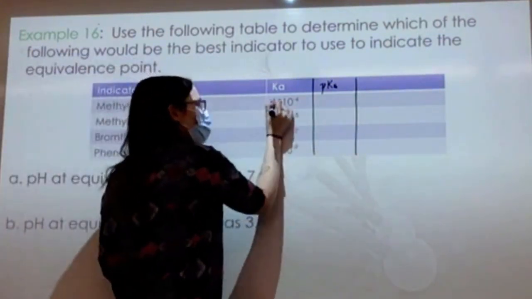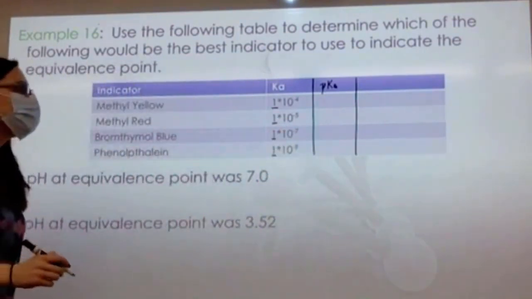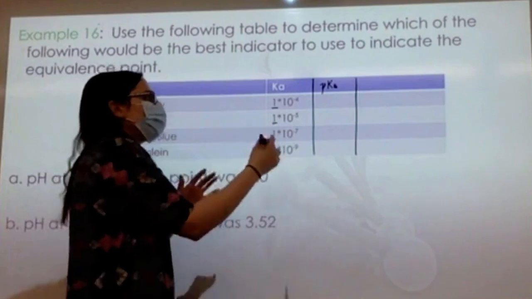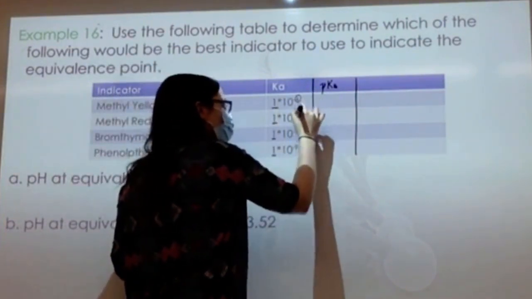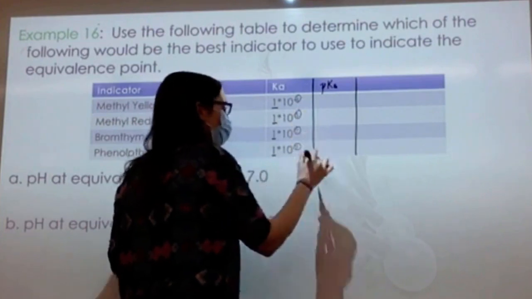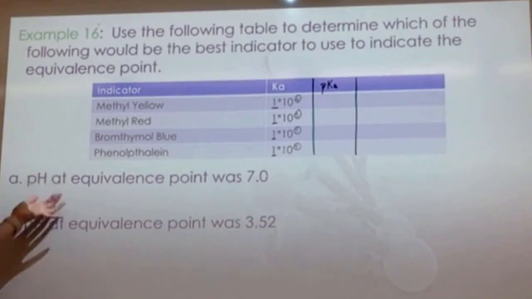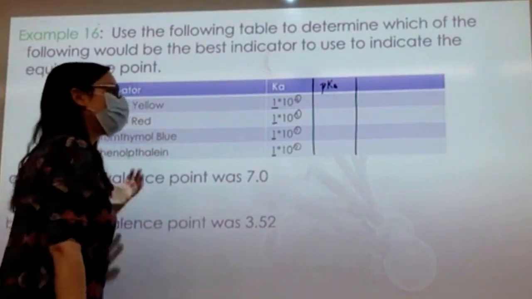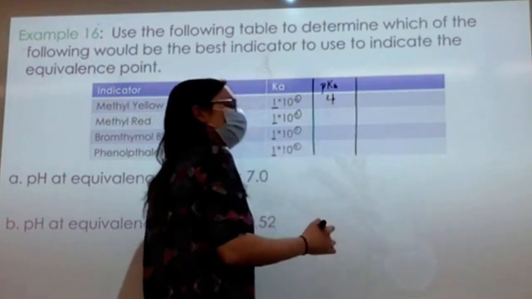Because these are 1s in front of the scientific notations, when you take the negative log, your answer is actually the absolute value of the exponent. If you don't believe me, you can put it in your calculator. If you do negative log of 1 times 10 to the negative 4, your answer is 4.